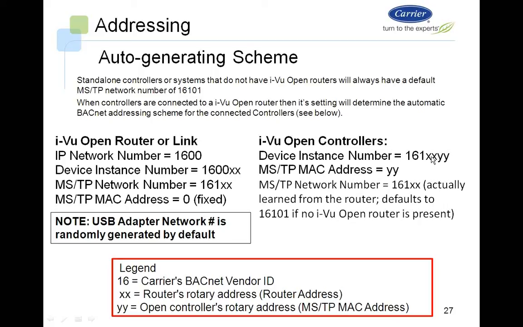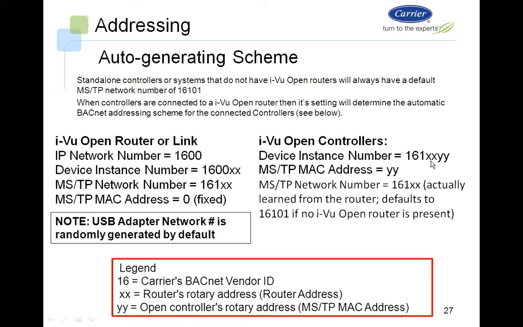And this would be true when it's connected to a router. As we indicated, by default, the controllers will have a network number of 16101, so it's assumed that the rotary switch settings of the router are 01 by default as far as factory shipped controllers.